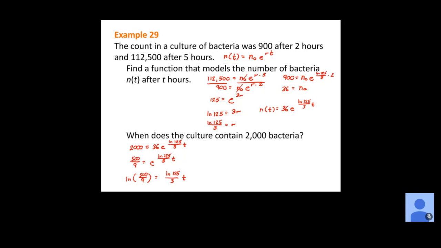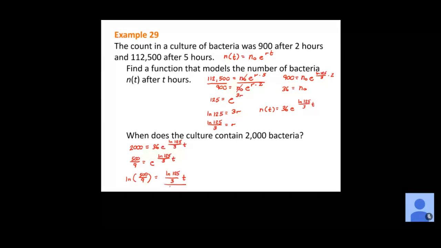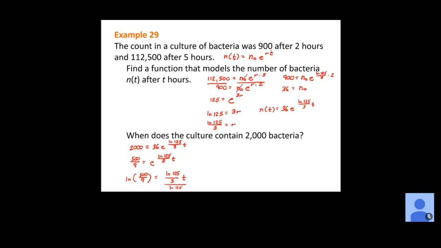So we're going to divide by the natural log of 125 over 3. And if you don't want to write that as a decimal, just be really careful with parentheses and stuff. Okay, but when we do all of that, we should get 2.496 hours as our value.